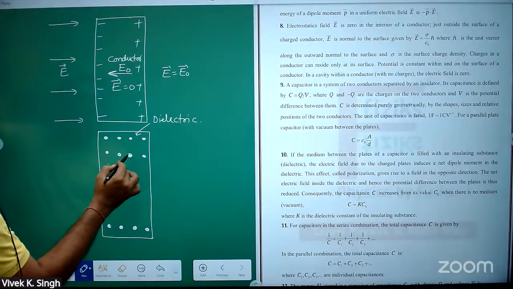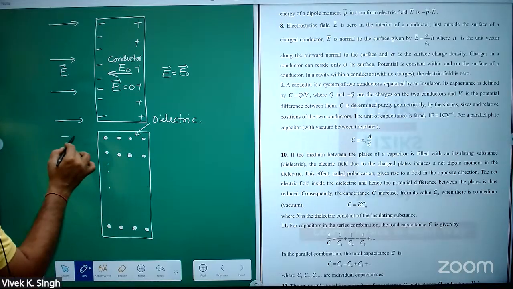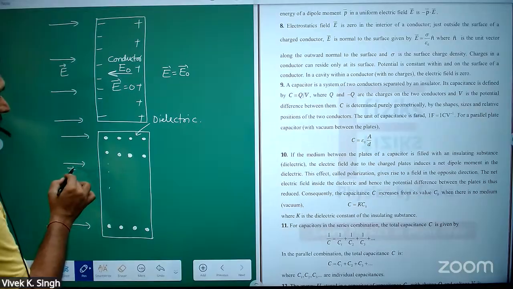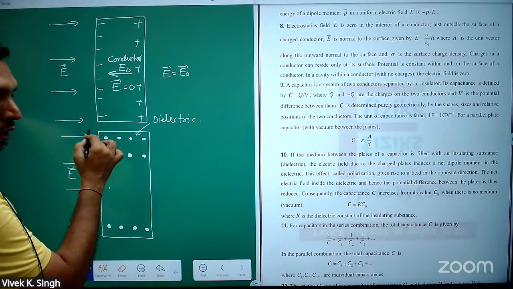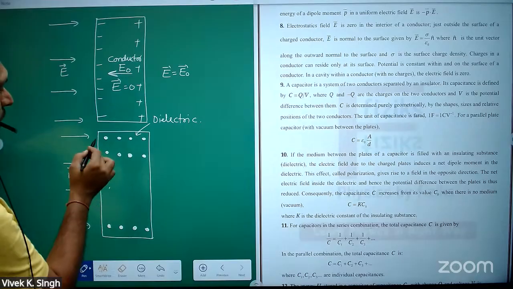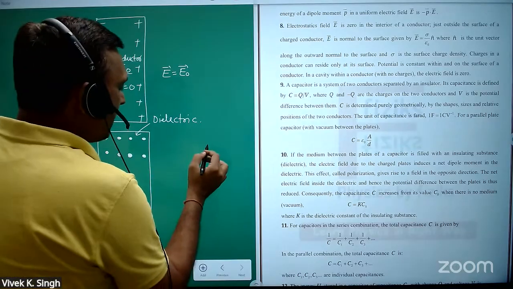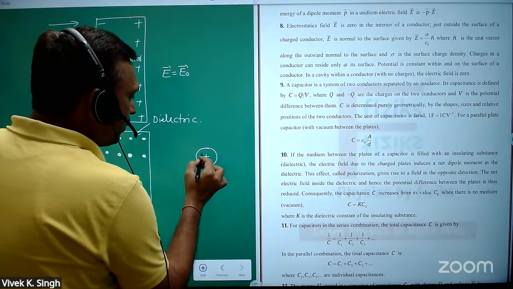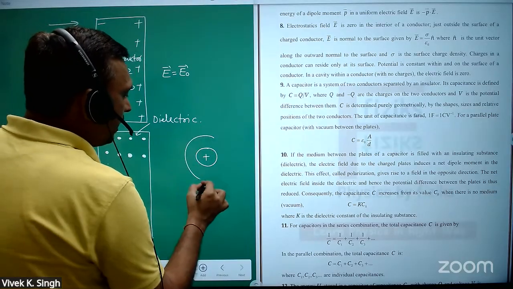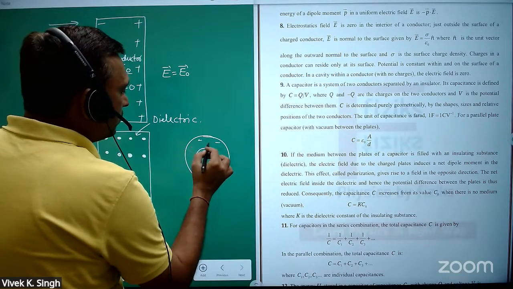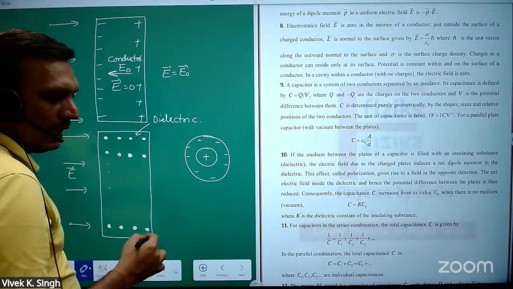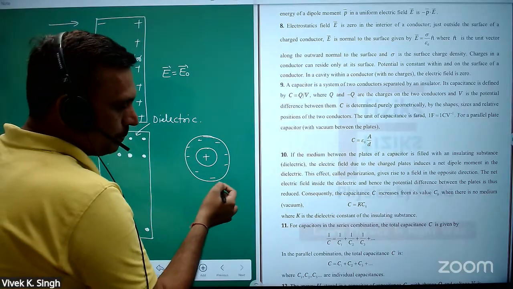So when this is placed in an external field, again what will happen? Each atom will get polarized. What do we mean by each atom getting polarized? For example, let's say an atom has a nucleus surrounded by an electron cloud, and I am assuming it has a spherical shape.